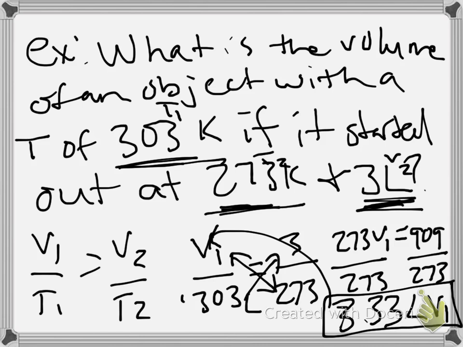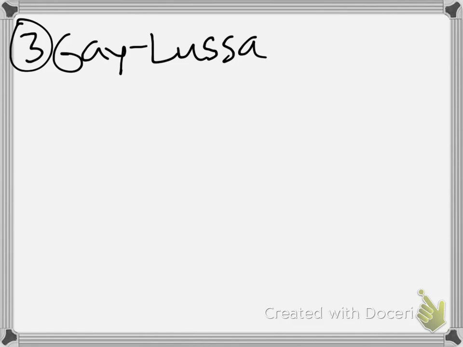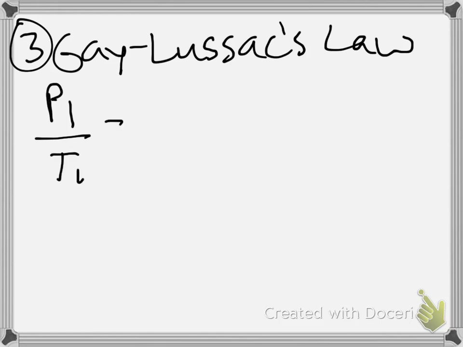Alright, now we're going to do the last kind of law, which is Gay-Lussac's law. And this one is pressure and temperature, and it's P1 over T1 equals P2 over T2.